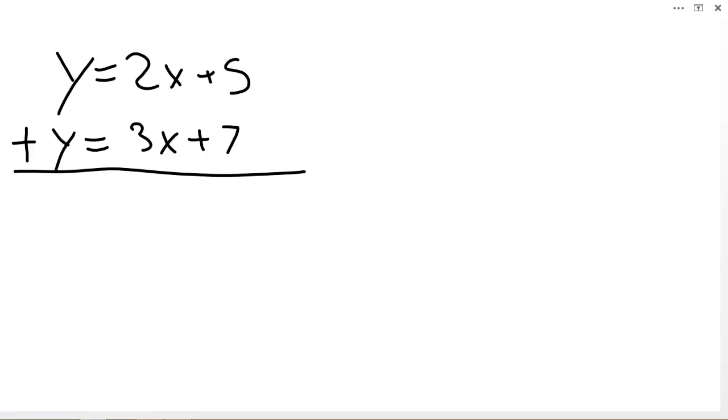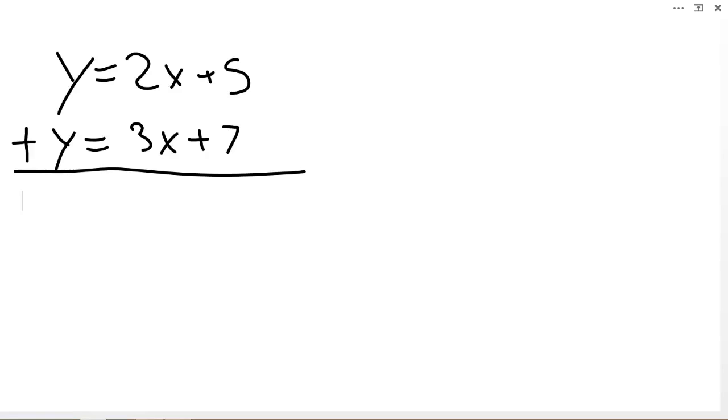So we would have to convert either the 3 into a 2 or the 2 into a 3, so the numbers are the same, one is negative, and they can become 0. There are really a lot of ways you could do this.